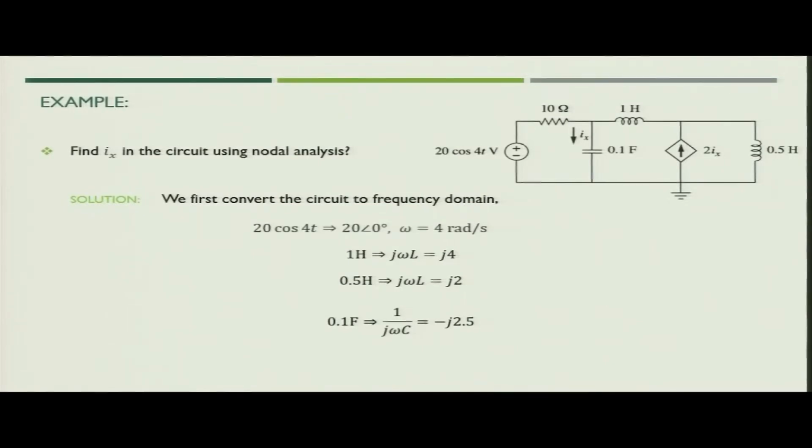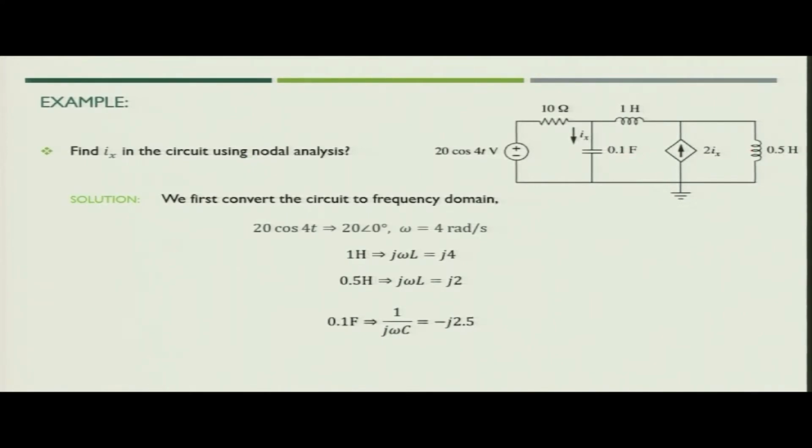So, let us see the example. In this case, you will see that we have one sinusoidal voltage source given by 20 cos 4t, and we have the inductor of 1 Henry, we also have the dependent current source and the 0.1 farad capacitor and 0.5 Henry inductor.